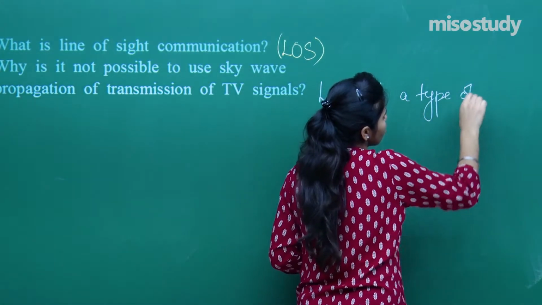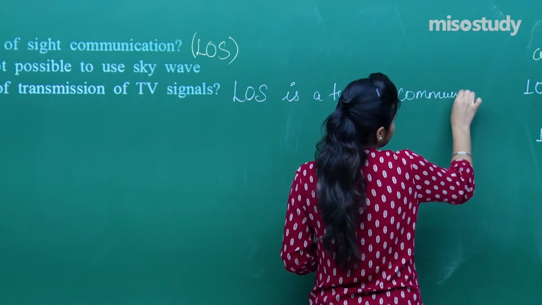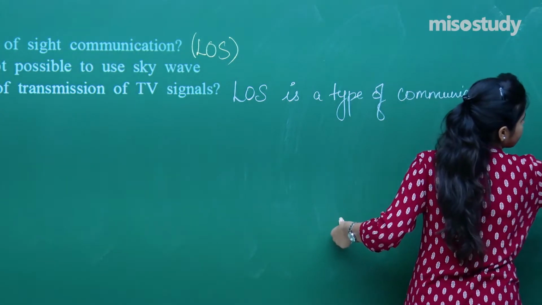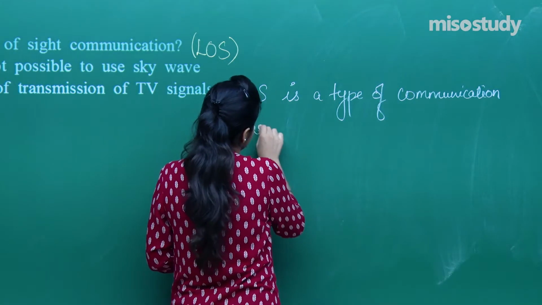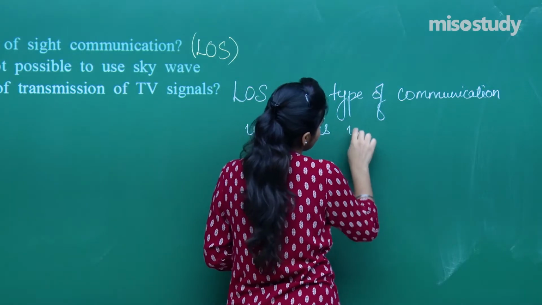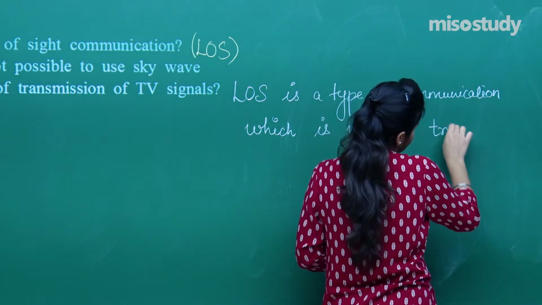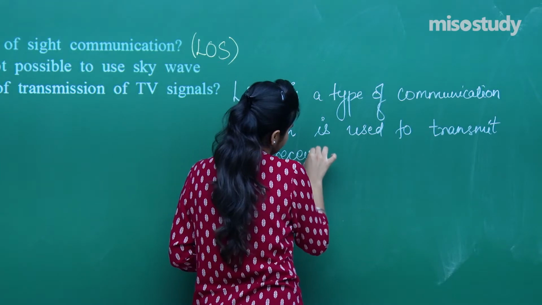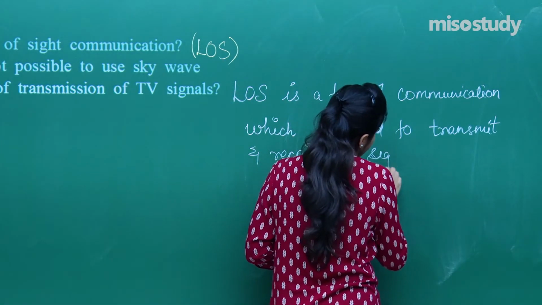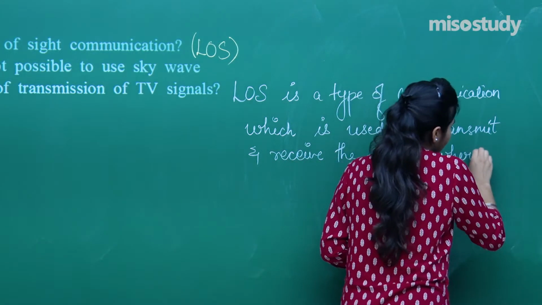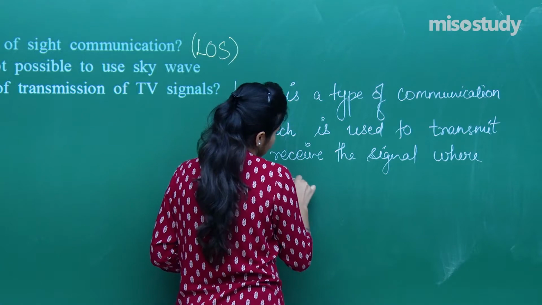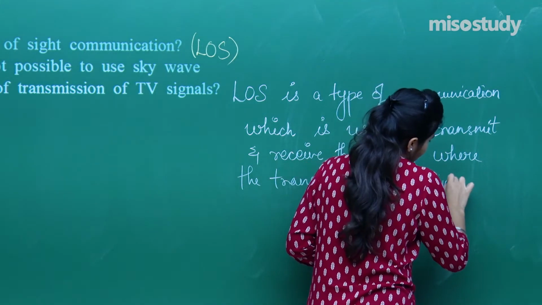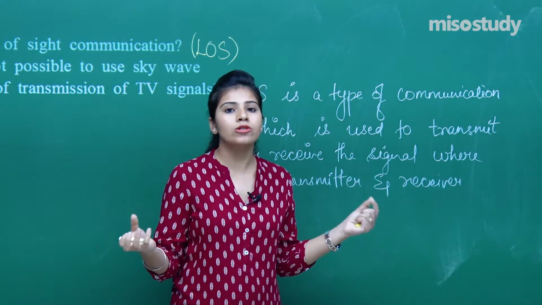So I must tell you, dear students, that LOS is a type of communication. I am going to write the definition so that you can take a note. It is a type of communication which is used to transmit and receive the message where the transmitter and the receiver are visible to each other.